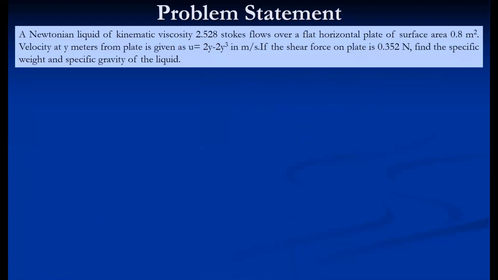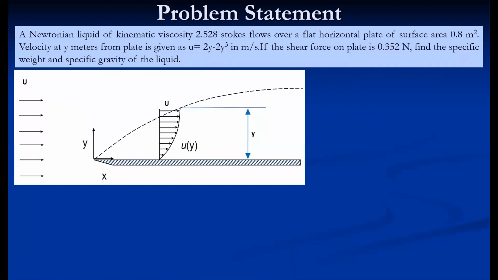So this is an example of flow over a flat surface. A Newtonian liquid of kinematic viscosity 2.5 Stokes flows over a flat horizontal plate. The surface area of the plate is given, and this is in Stokes, a commercial unit, so we need to convert into SI units.